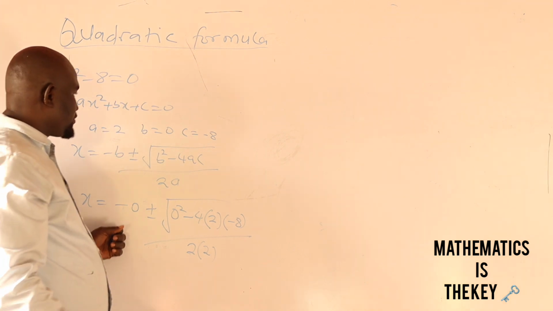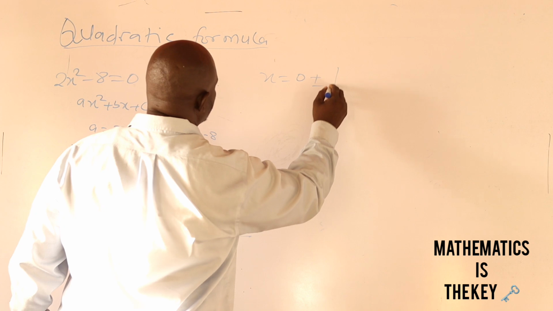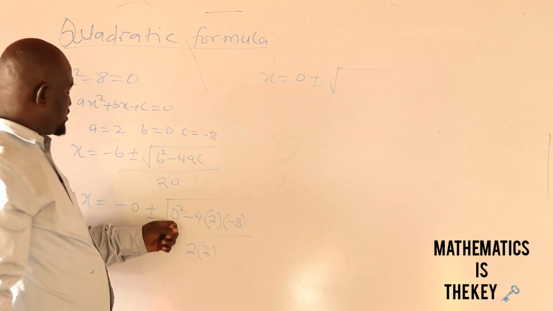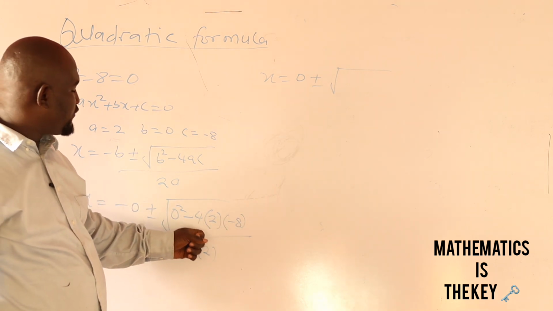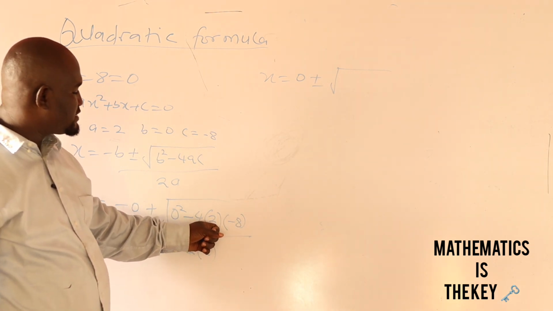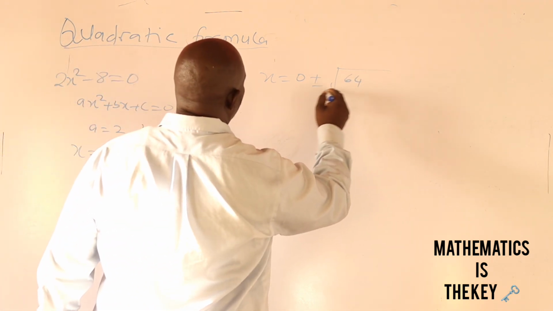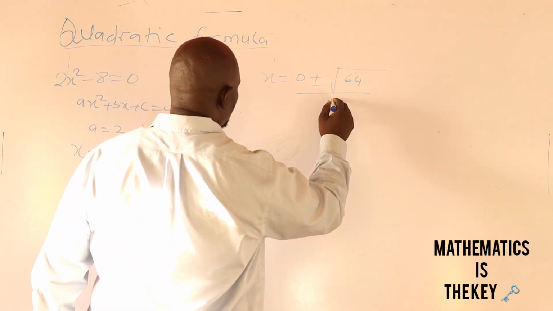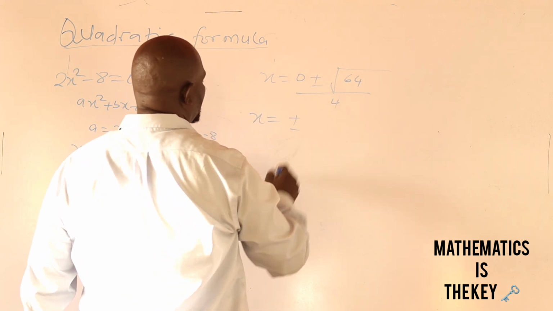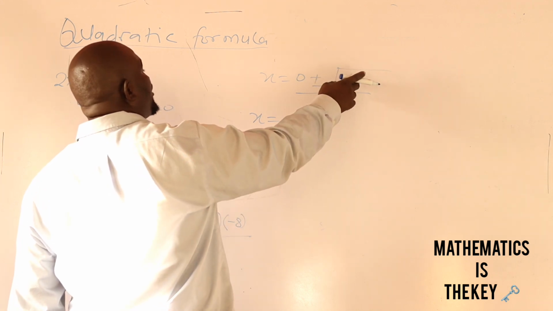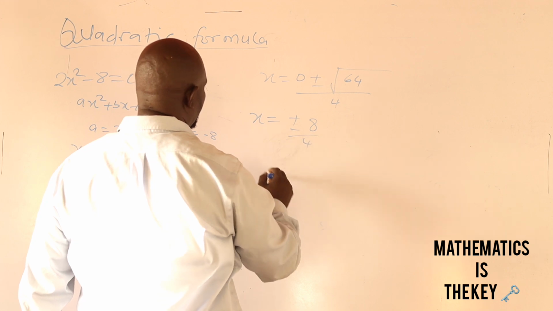Simplifying further, we will have x is equal to 0 plus or minus, with this minus and this, it becomes positive. We have 2 times 4, which is 8, and 8 times 8 is 64. We have the square root of 64 all over 2 times 2, which is 4. Simplifying this, the square root of 64 is 8, so we have plus or minus 8 all over 4.